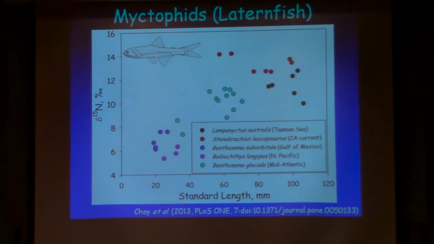At 3 per mil per trophic level, that's 2 trophic levels. It's thought that these things feed on zooplankton. Well, if this isotopic value is indicative of zooplanktivore, and this is 2 trophic levels above that, these are carnivores. These are top carnivores.